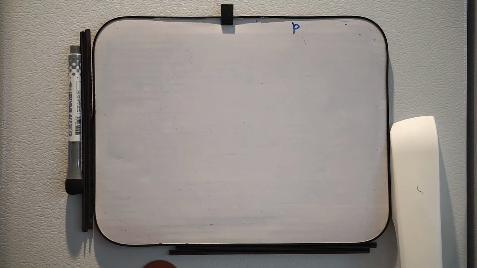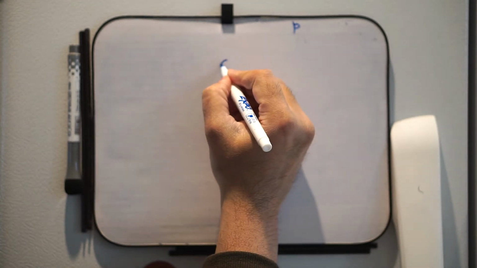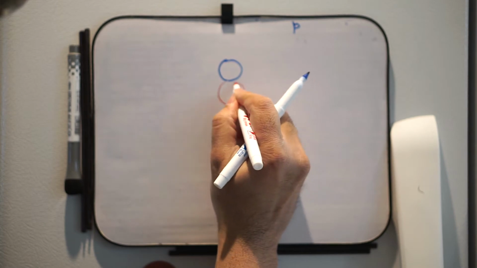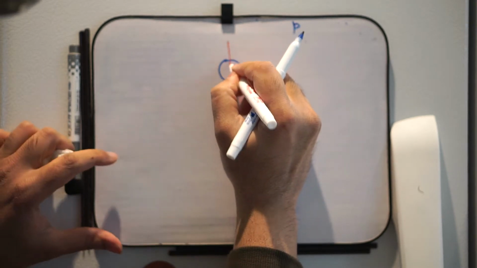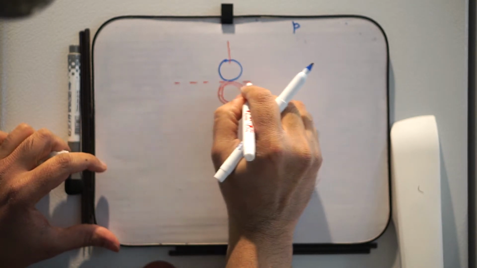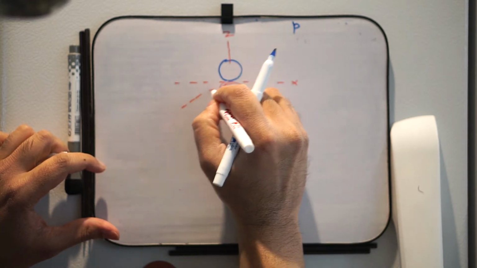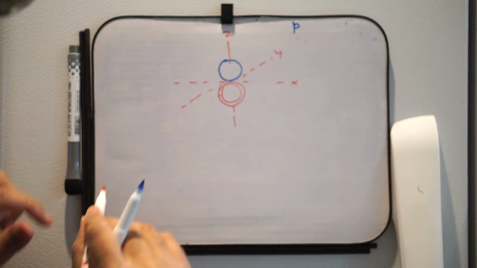So the P harmonic will have 3 different configurations, okay? So you'll have something like this. Let's break this down into axes. So the z-axis, x-axis, y-axis.